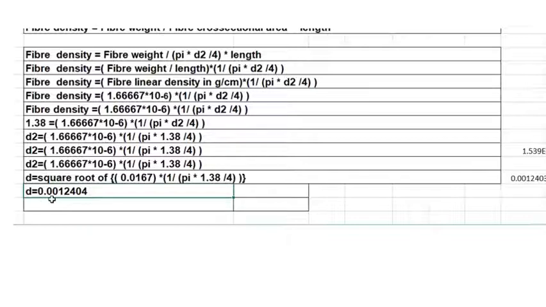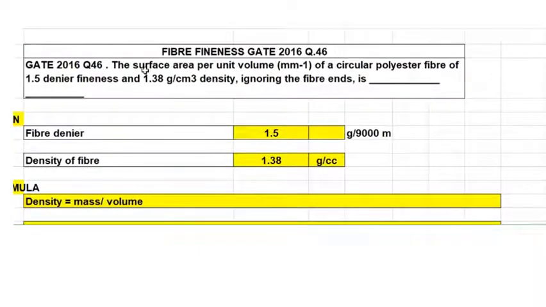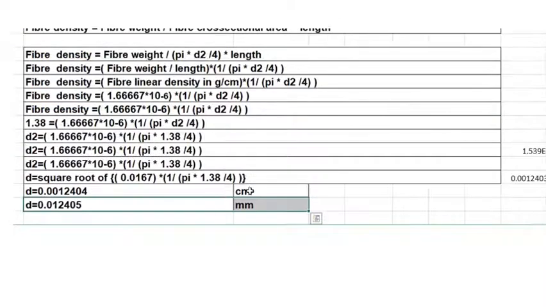D is equal to 0.00124004, which is in centimeters. We can convert into mm because in the question surface area per unit volume is asked in per mm. So we are converting this into mm.